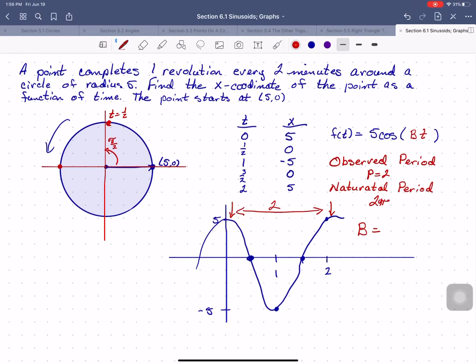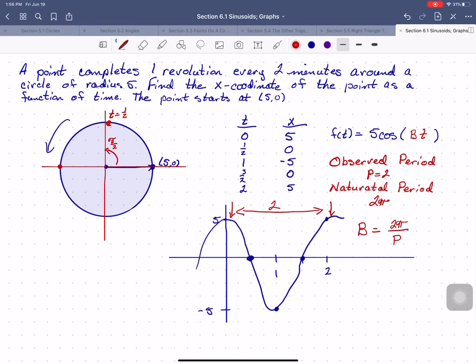The internal multiplier is the natural period divided by our observed period, which in this case is 2 pi divided by 2.